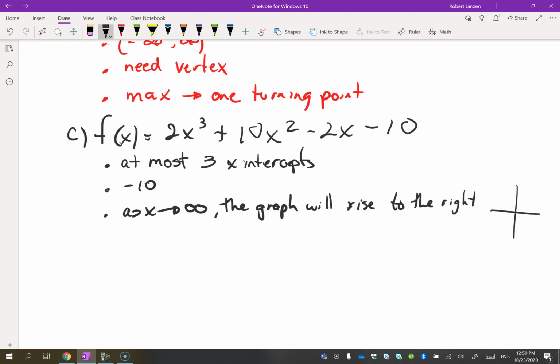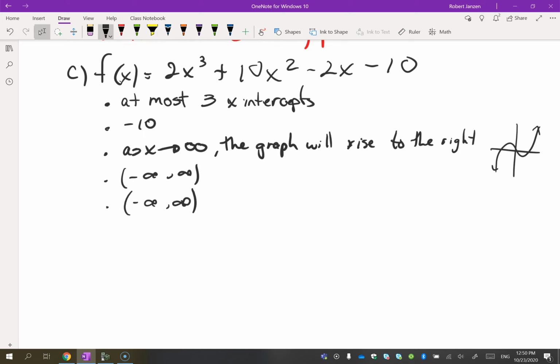So you already know this graph's going to look something like that. The domain, negative infinity to infinity. Range, negative infinity to infinity. And this will have at most 1 max and 1 min.